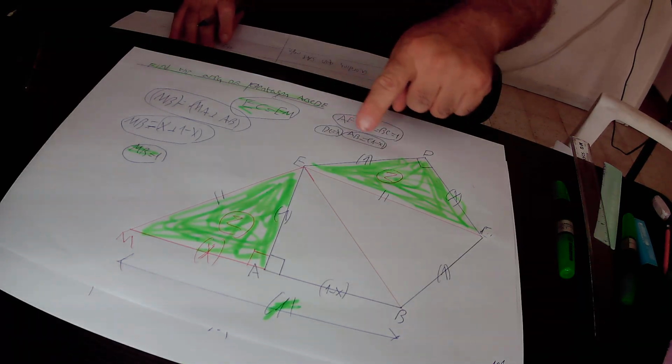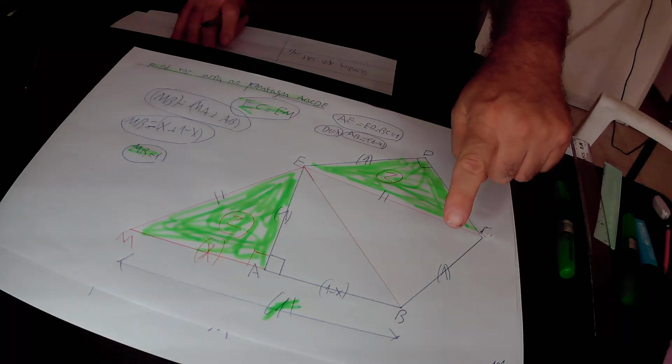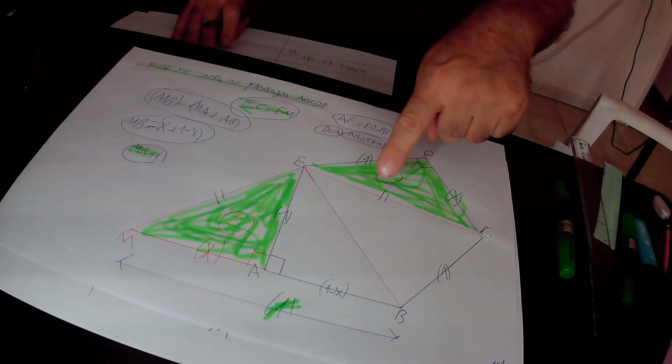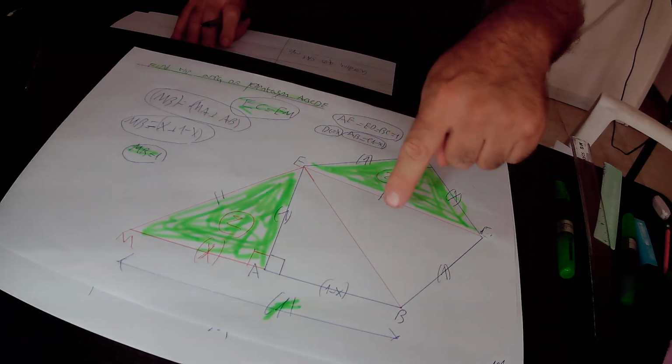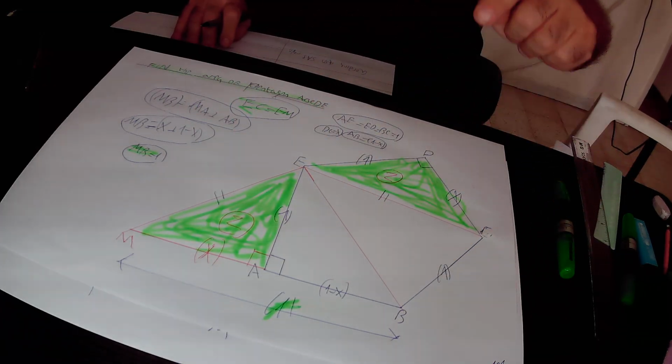And finally, EB is a common side that belongs to both triangles. It is very easy to see that EB belongs to triangle EBM and EB also belongs to triangle EBC.